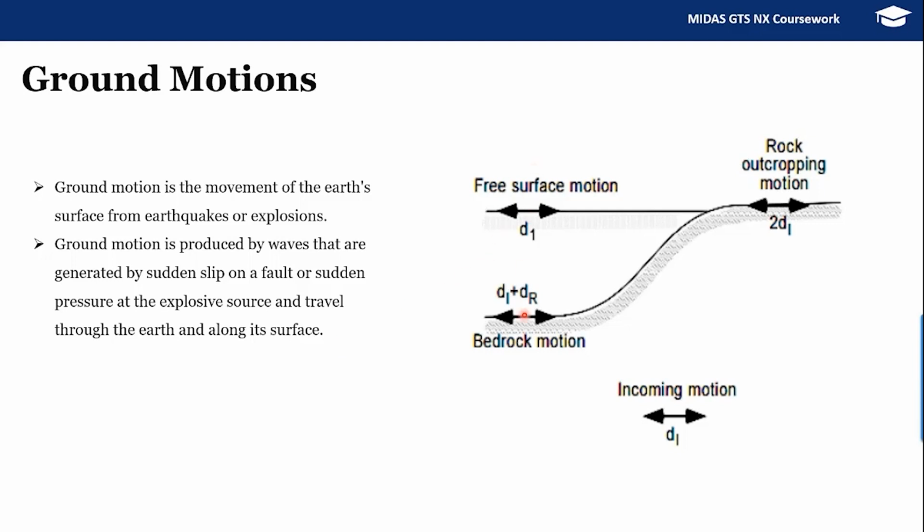The motion on the bedrock is your bedrock motion. If that bedrock is exposed to the atmosphere, then the motion on it is called rock outcropping motion. And the motion on the surface of the soil is considered free surface motion. These are the basic ground motions, and this will help our understanding in the next slides.